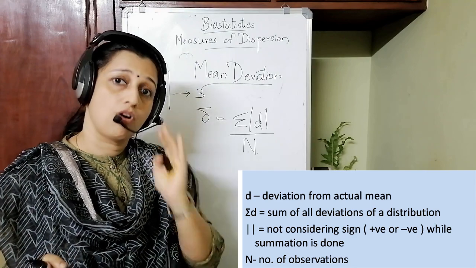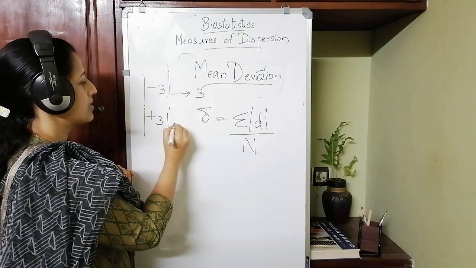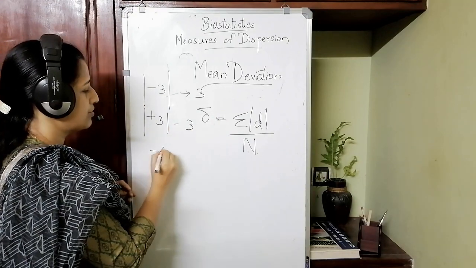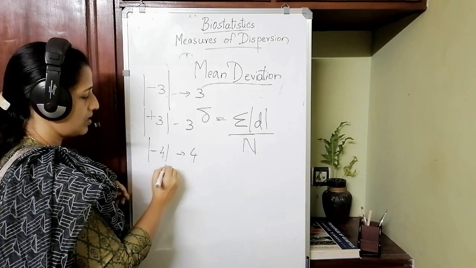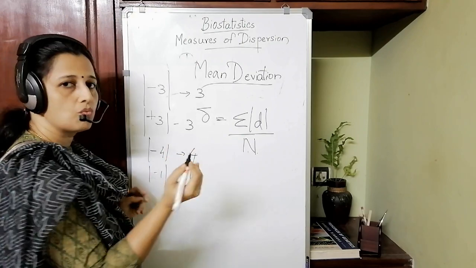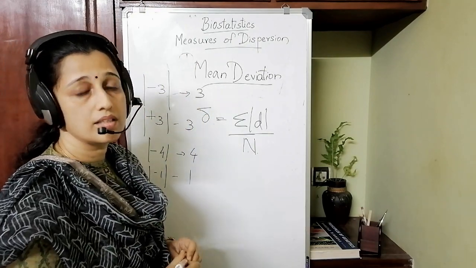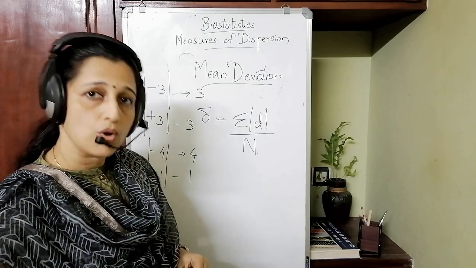If it is +3, it is simply 3, or positive itself. For -4, it is 4. For -1, it is 1 itself. So if we put two lines on either side, that means you have to ignore the sign, whether it's positive or negative.